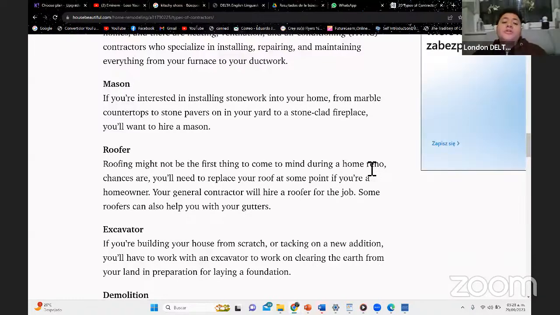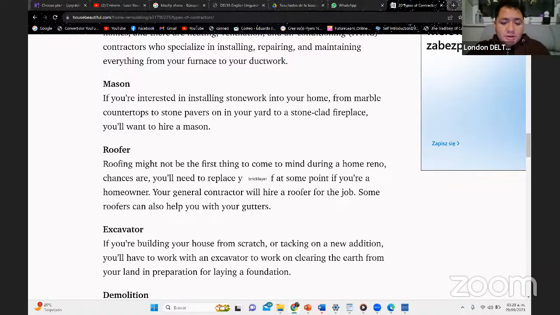Very good. So you can say mason or bricklayer. Bricklayer, que sería como albañil. Okay, so a bricklayer and a mason is a person that is specialized in stones. We could say it is a person who can work with all kinds of stones for construction.